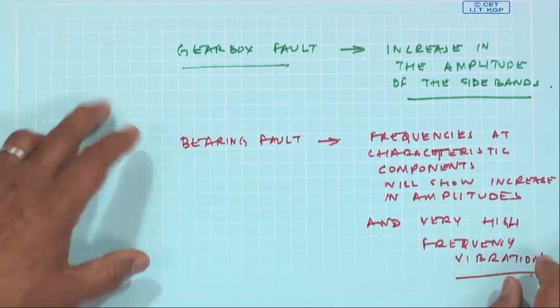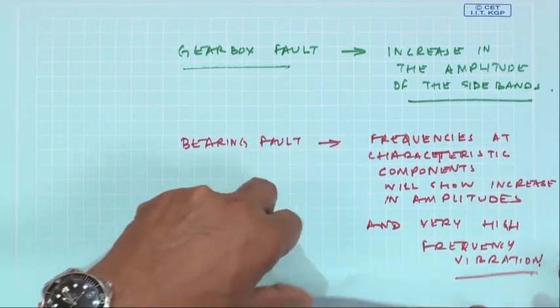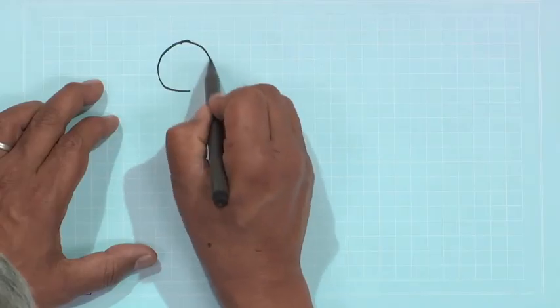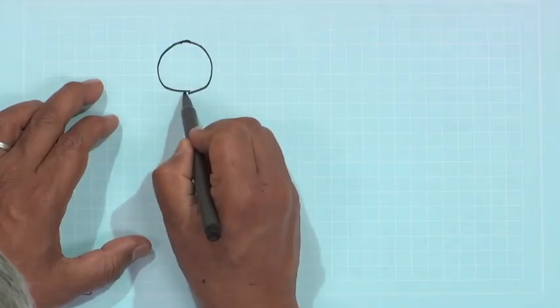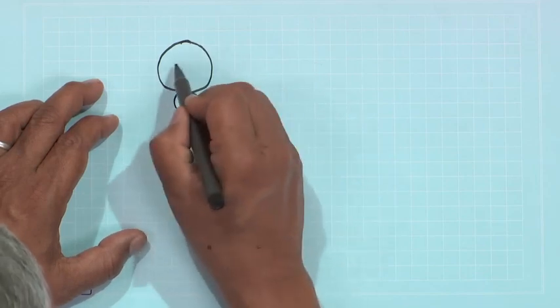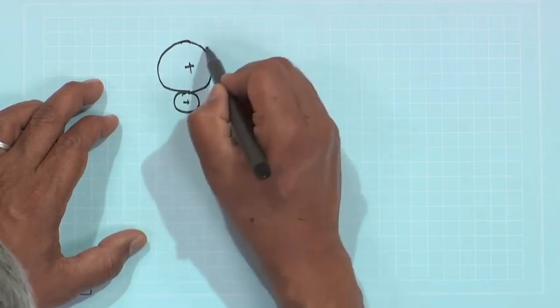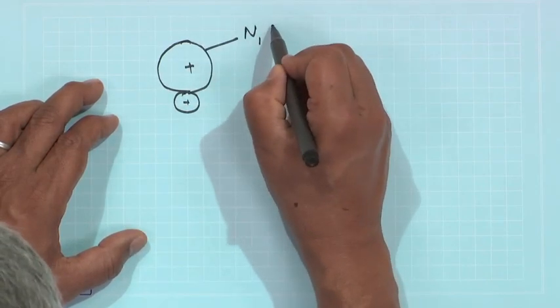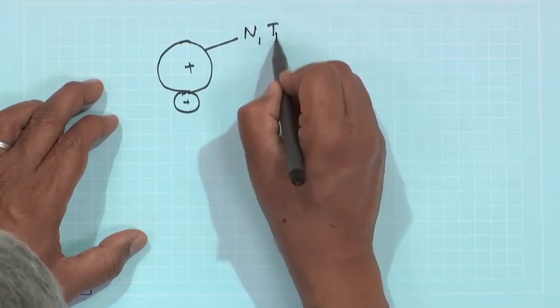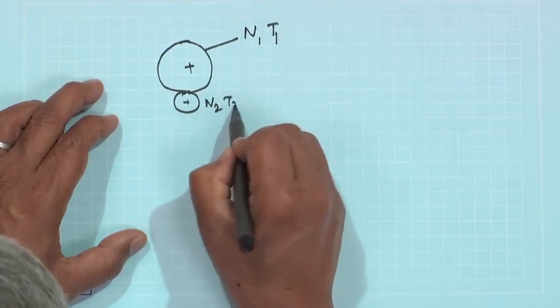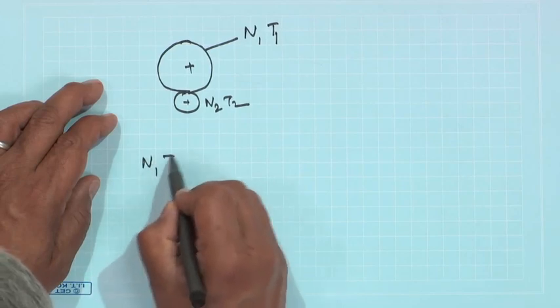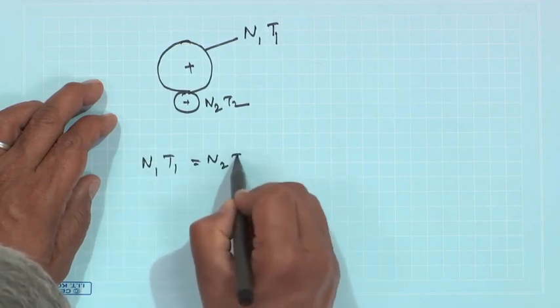Okay. Now, I will give you an example of this gearbox if you do a Cepstrum analysis, just for the sake of discussion. For example, if I have a gear driven by a pinion, okay. So this is N1 T1 and this is N2 T2. From the law of gearing, I have N1 T1 is equal to N2 T2.